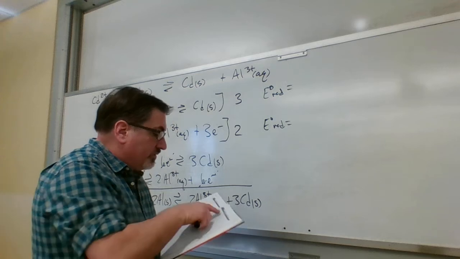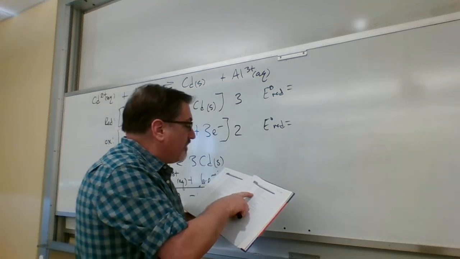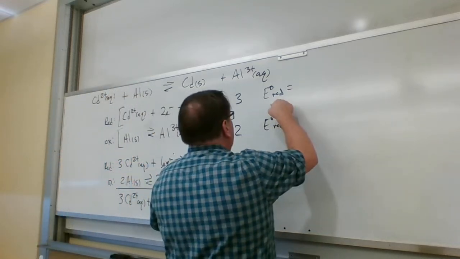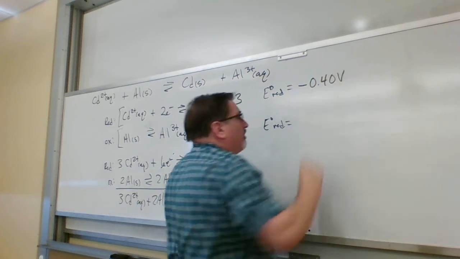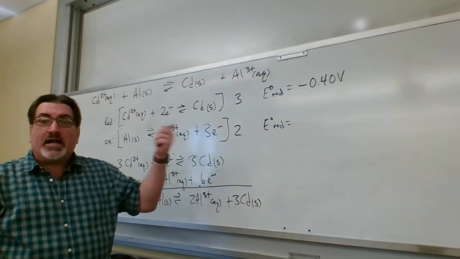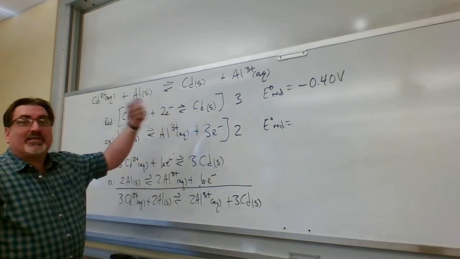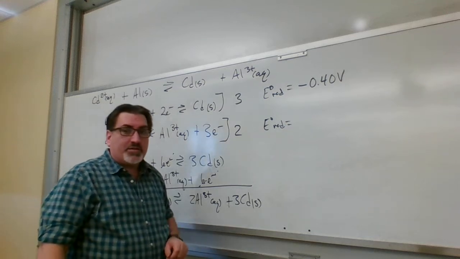Cd2+ plus 2 electrons happens at minus 0.40 volts. So the reduction potential of Cd2+ is minus 0.40 volts, not spontaneous. So we would think of cadmium as liking to be in the ion form. It's not a spontaneous reduction.